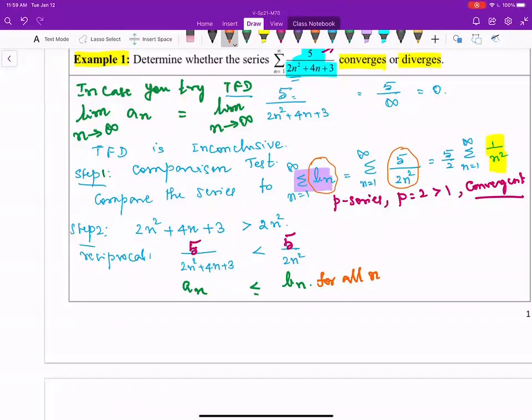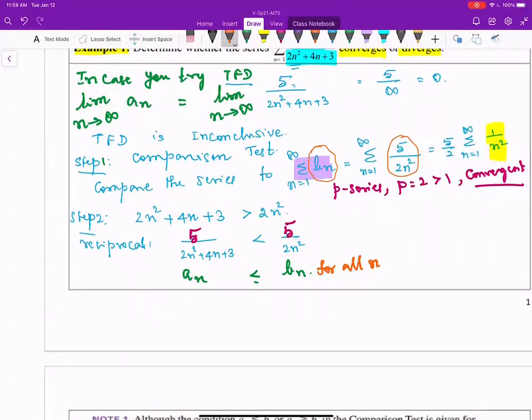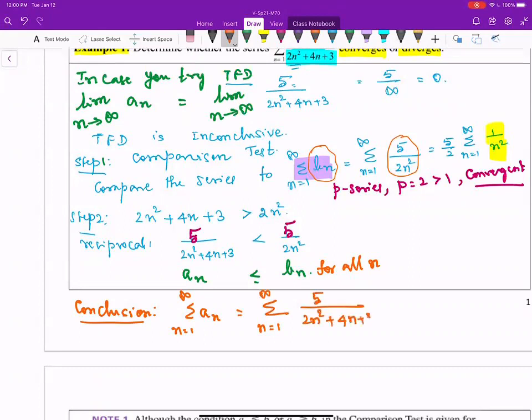Now we have established both conditions. We are comparing to a convergent series, and we have also proved that an is less than or equal to bn. So what is your conclusion? The behavior of sigma bn is the same as the behavior of sigma an. So sigma an, which is the given series 5 over 2n squared plus 4n plus 3, converges by the regular comparison test.